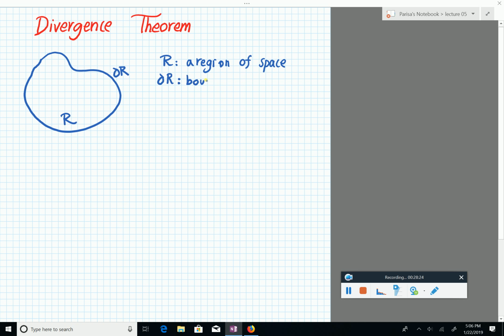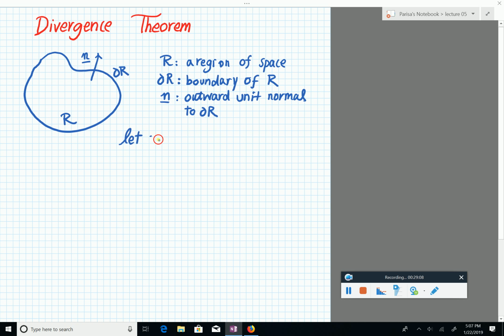I show it by delta R. And then the outward unit vector, or it's called normal vector. Of course we don't show the proof or anything like that. I just want to show you what the theorem says.